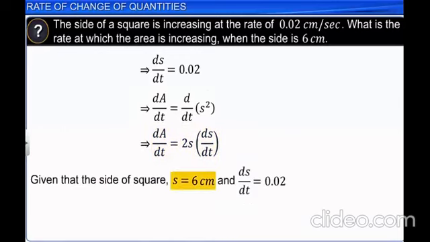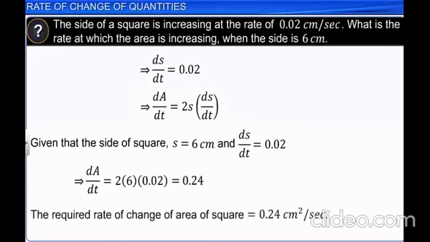Given that the side of the square is 6 centimeters and ds upon dt is equal to 0.02, hence dA upon dt is equal to 2 into 6 into 0.02, that is 0.24. The rate of change of area of the square is 0.24 centimeters square per second.